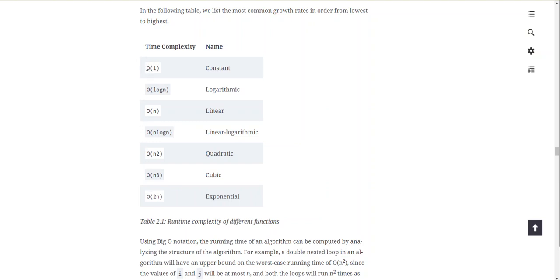We don't see the theta and we don't see the omega. We see the O. So big O with a 1 in parentheses, that's constant runtime. It doesn't change. There is no real n impacting it. Every time I run that algorithm, it takes the same amount of time. The input doesn't change. The size of the input, n, doesn't have any impact on it.